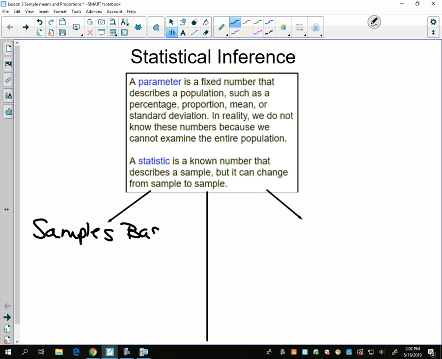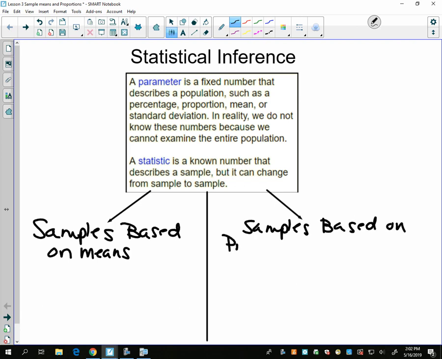Samples based on means, and samples based on proportions. Okay, so if you have samples based on means, what's another word for mean? Yeah, average.